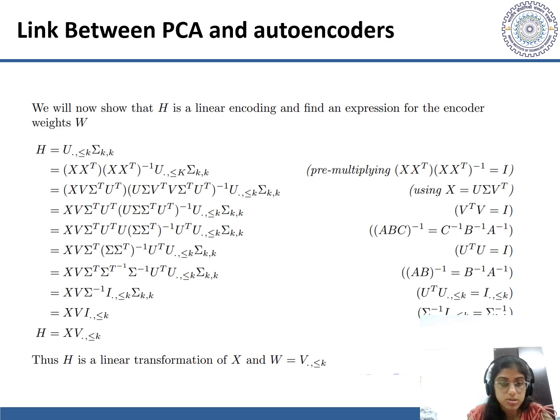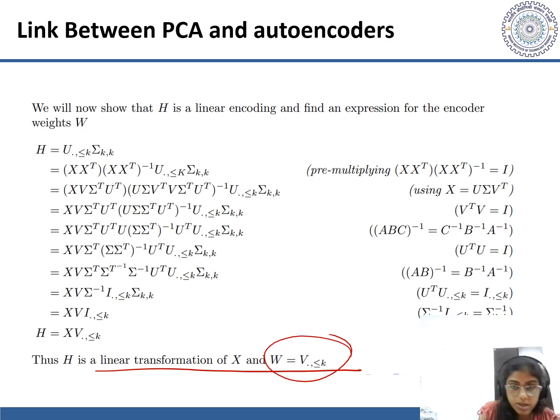These are simple transformations. So finally we get that H is the linear transformation of X and W. W was this initially. We took it. H was U sigma and W was V.